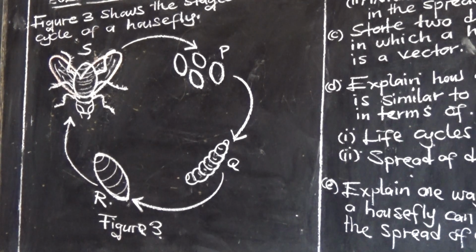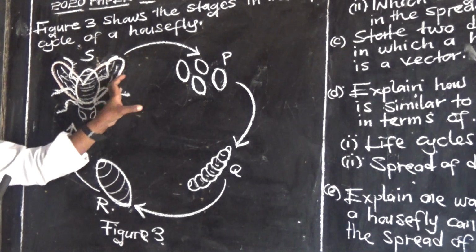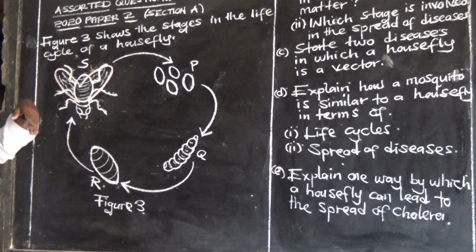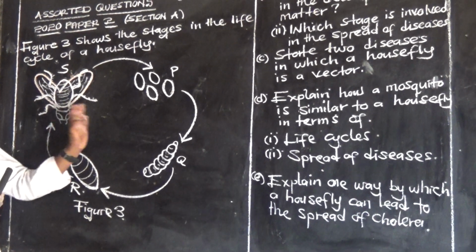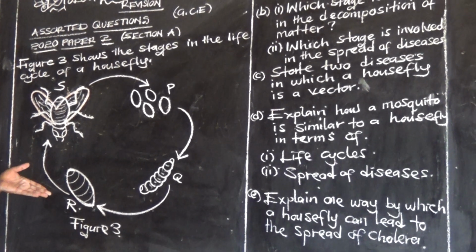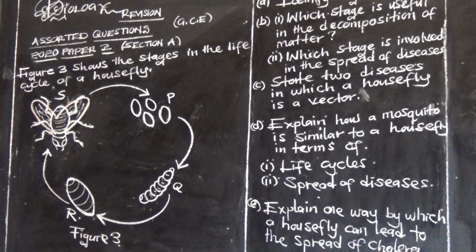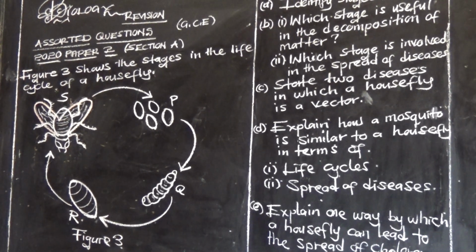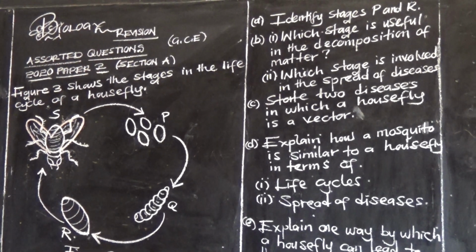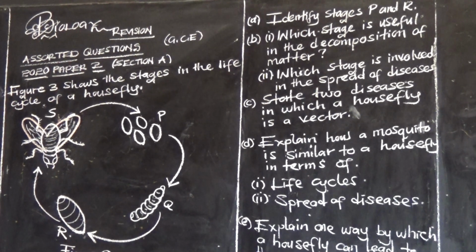Take note that this process of development, which involves the 4 stages, forms what we call complete metamorphosis, equal to a mosquito. Both a housefly and a mosquito undergo complete metamorphosis.